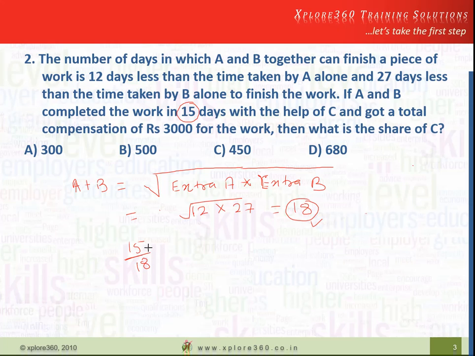In 15 days, they can do 15 by 18 of the work. So they will get the money accordingly. Straight away multiply this with 3000. Now you will do the calculation and you will find it is 2500. So how much did C get? The total amount is 3000 minus 2500, that equals 500 bucks, and this is the answer.